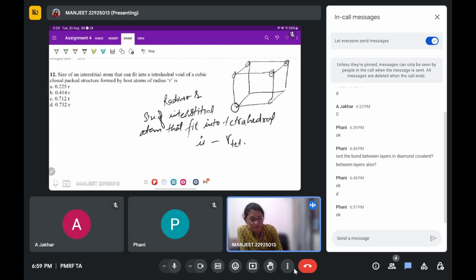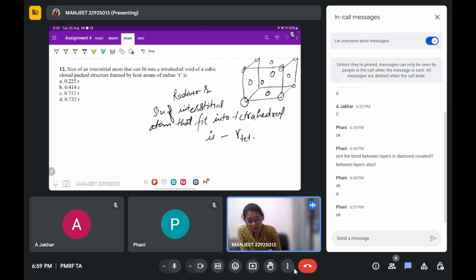This one, this one, this one, here, this one here, and this and this. So basically, you know, this tetrahedral void exists on the body diagonal of the cube, or the unit cell.